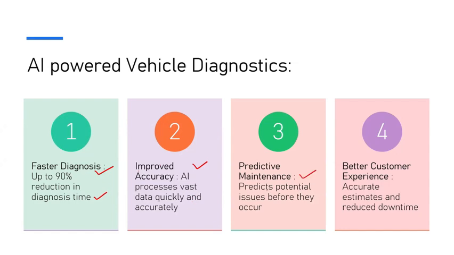Predictive maintenance: predicts potential issues before they occur. And better customer experience: accurate estimates and reduced downtime. So these are the features that we can have in AI-powered vehicle maintenance.